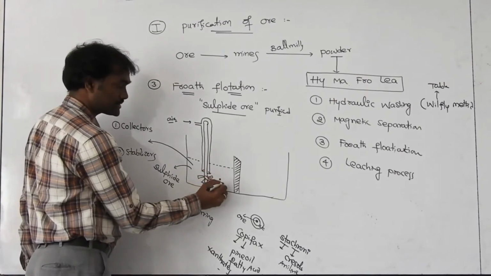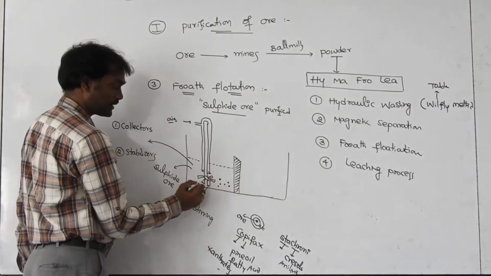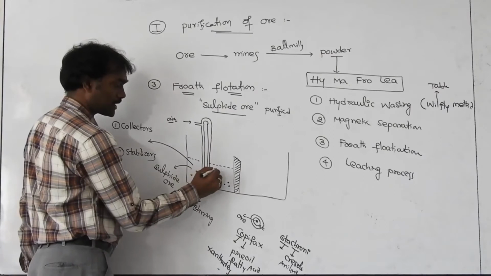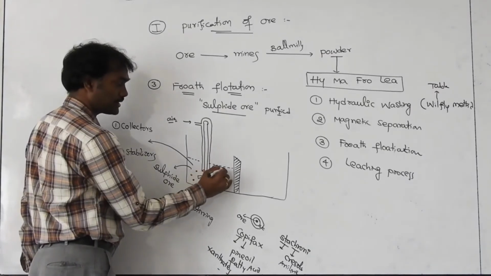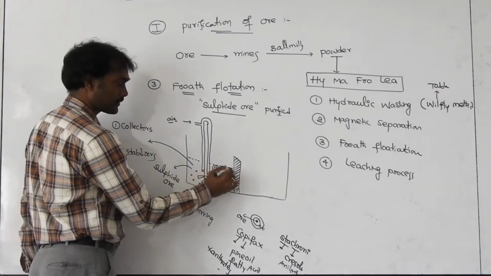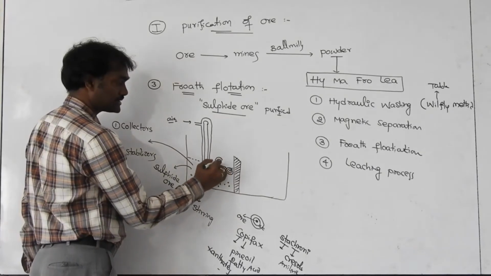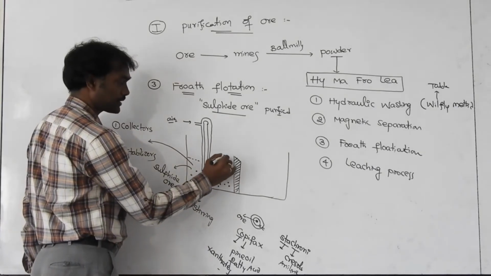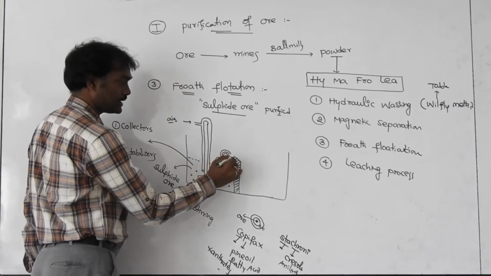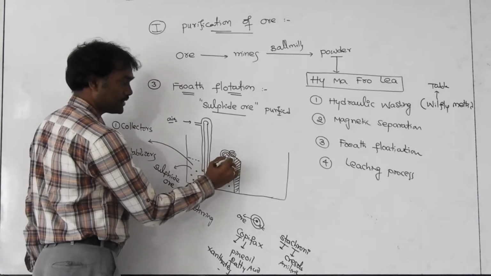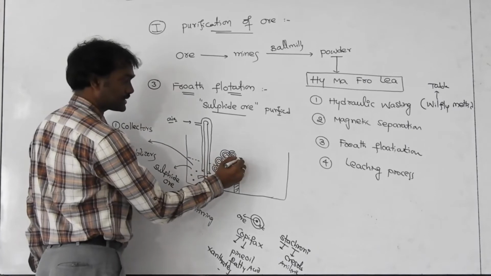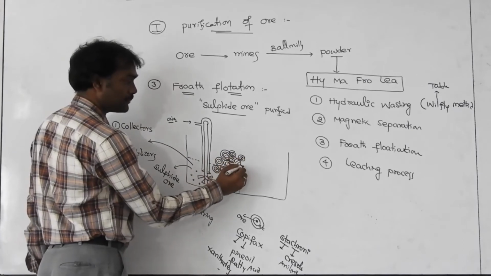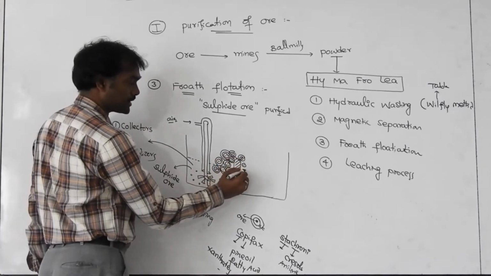Then what happens? All the ore particles inside are covered with layers, so they come outside. The ore is covered with stabilizers and collectors. These slowly come to this chamber.